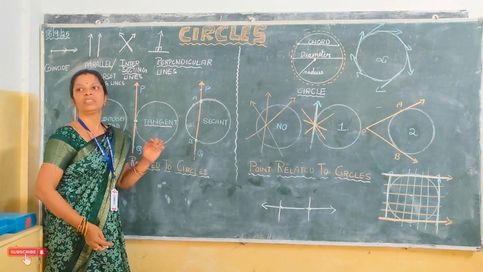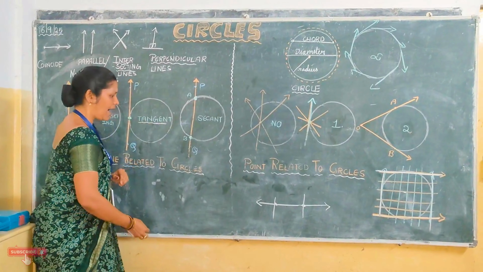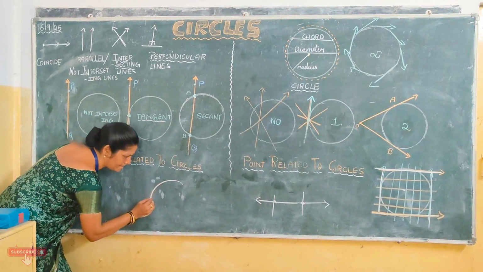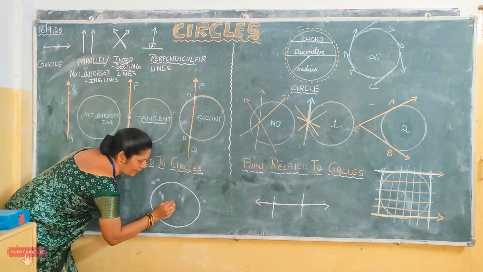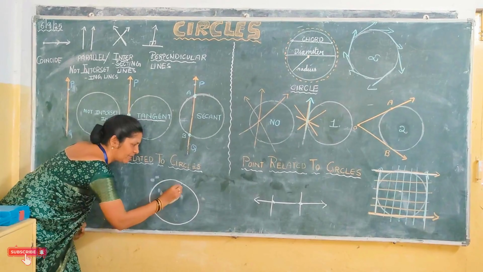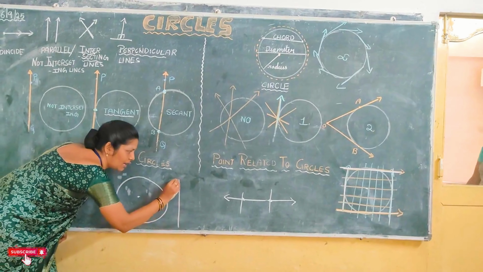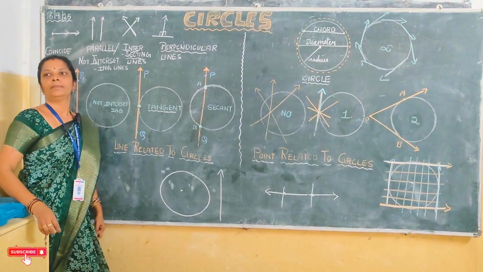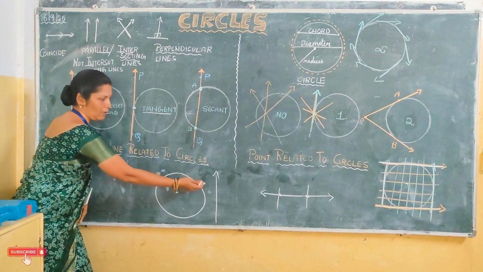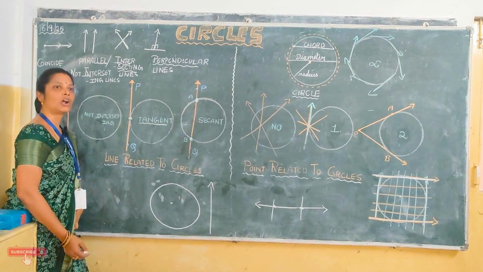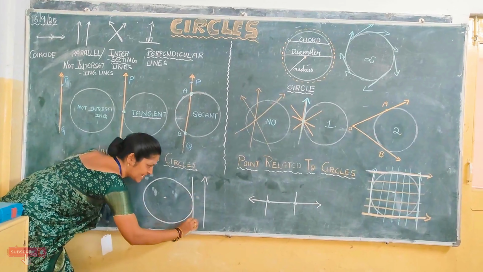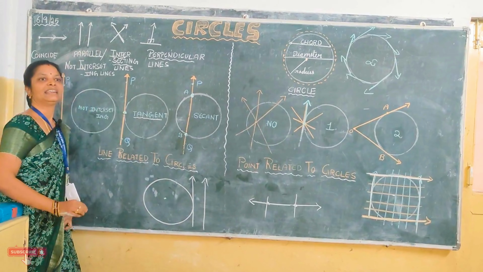We can show all of them in one circle. I am showing you. See here. When the line is outside, what does it call? Make it fast. What is it called? Not intersecting line. When the line is touching here, what is it called? Tangent.